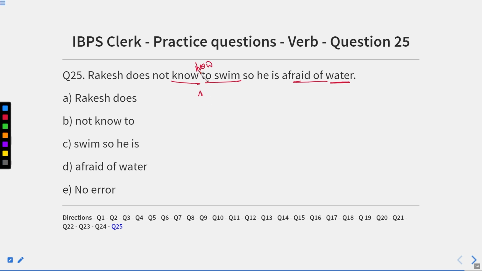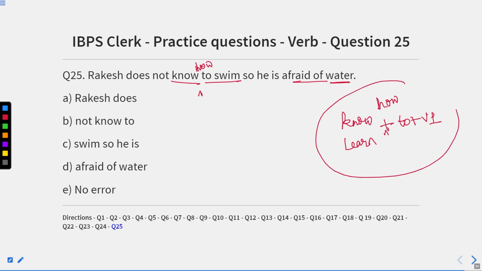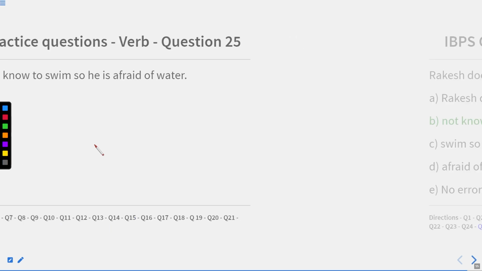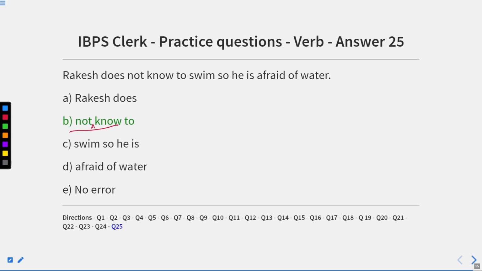Whenever we have the word "know" or "learn", and after this we have a verb with to plus verb 1 in infinitive form, we should use the word "how" before these. This is the rule, that "know how to swim" or "learn how to swim". So this is the error in part B, where we should use "how" after the word "know".